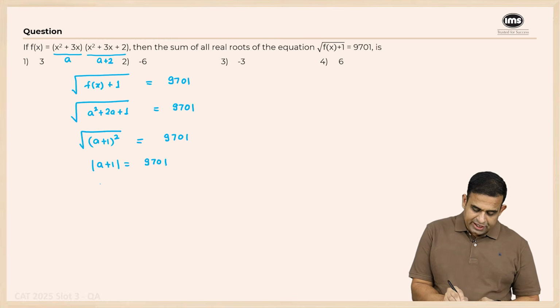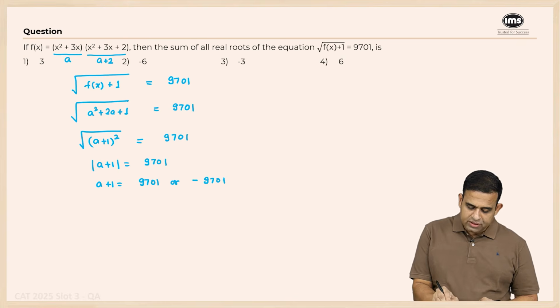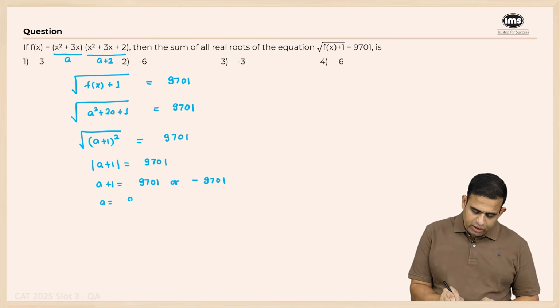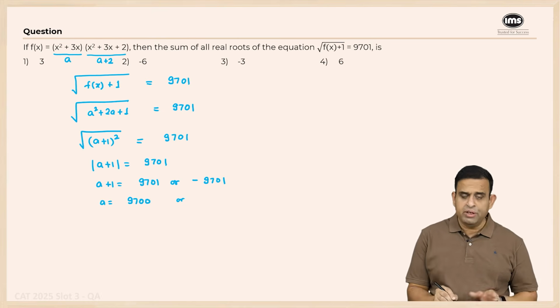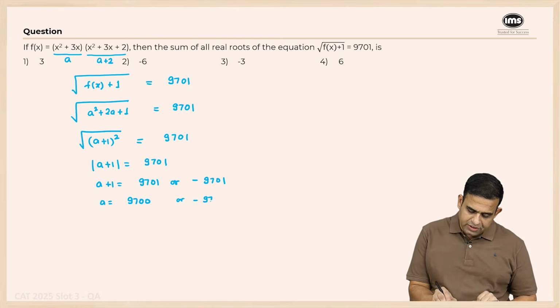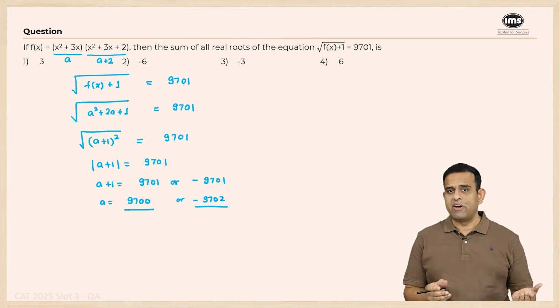So from this, one can say the term a plus 1 should be equal to either 9701 or minus 9701. And then the value of a will be equal to 9701 minus 1, which will give you 9700. And in this particular case, your value of a will be minus 9701 minus 1, which is negative 9702. This is also one of the methods to find out the values of a.